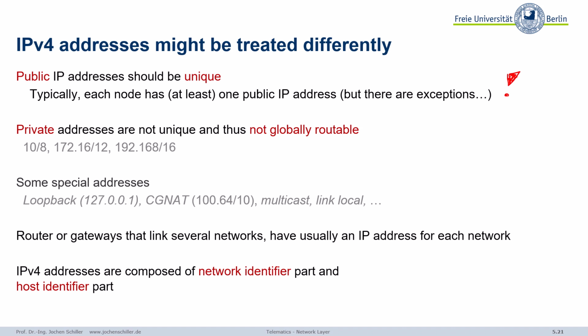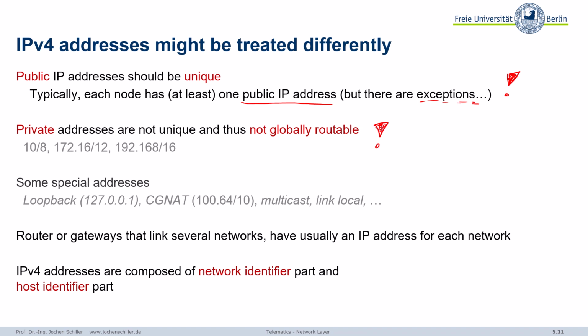Well, there's a strict definition of the internet that says you have to have at least a public IP address. But there are exceptions, not in the strict definition, and many people say, okay, if you do not have a public address, but a private address, then you're not really part of the internet. And this is true to some extent, as we will see.